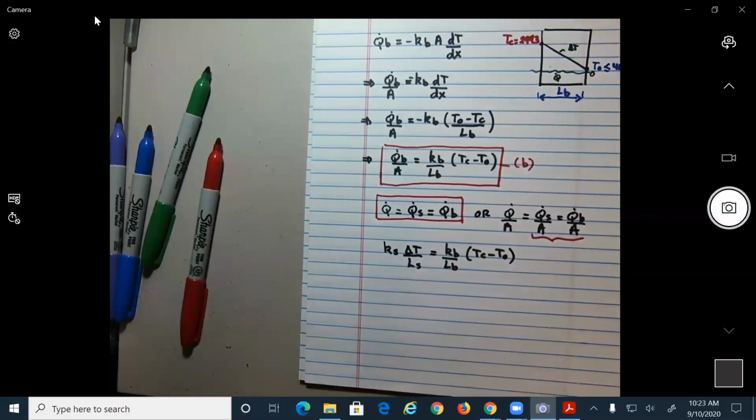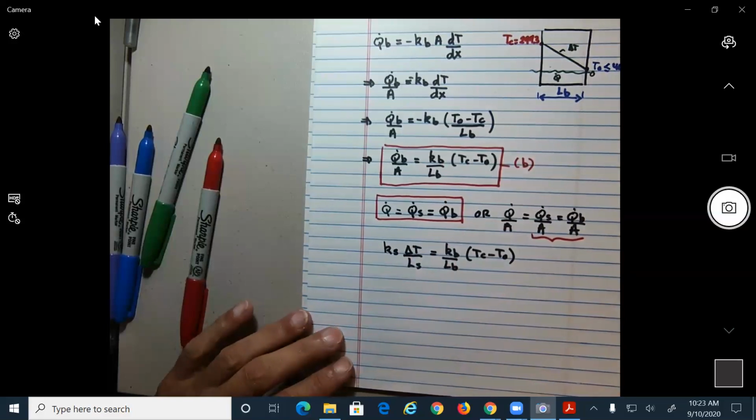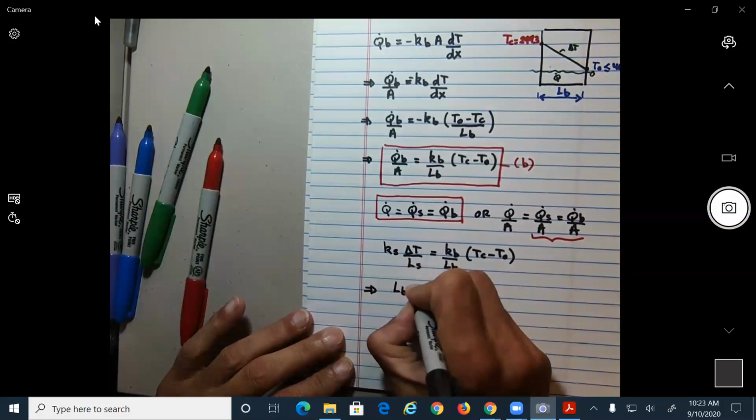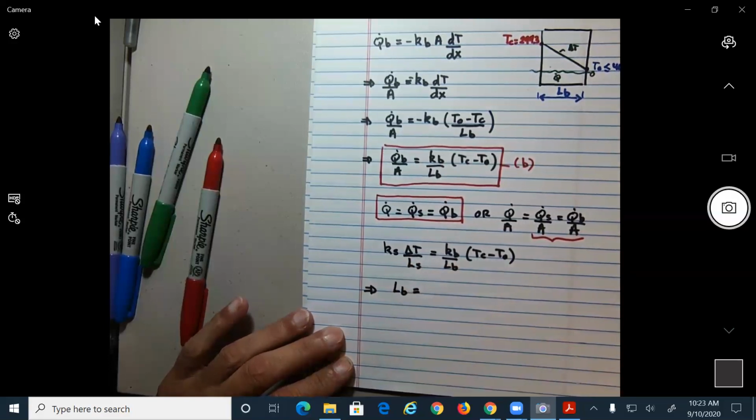Okay, so this will give us what? I mean, we could solve right away. L_B will be equal to what?